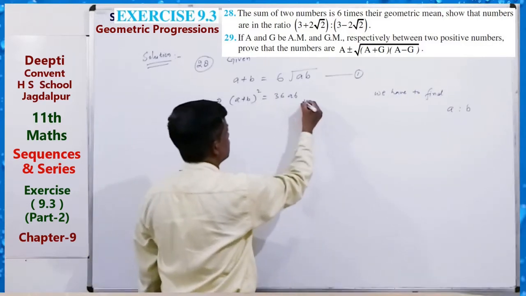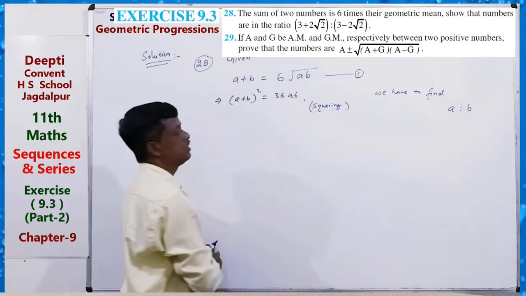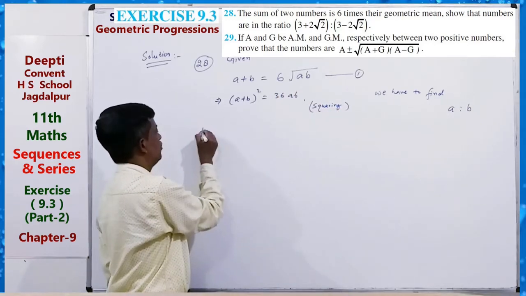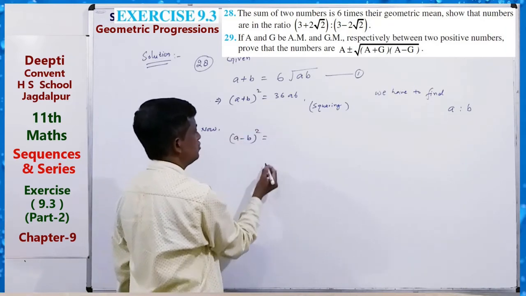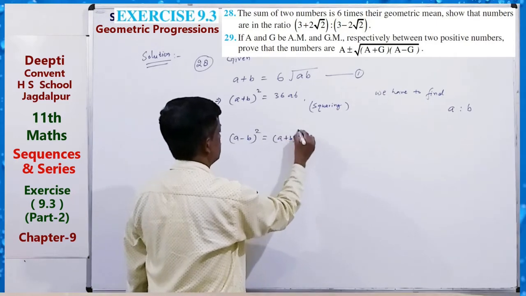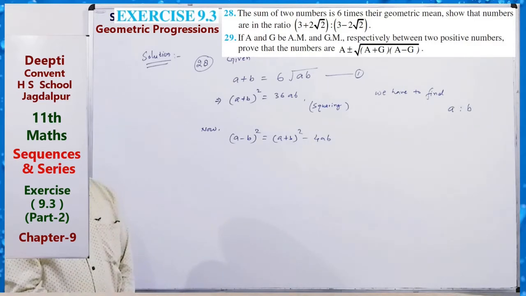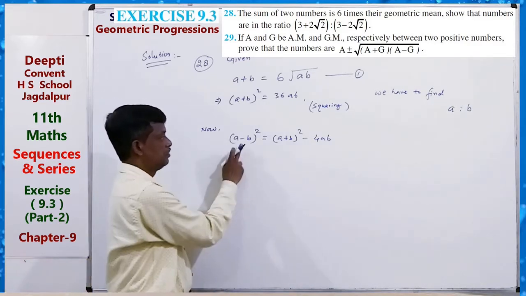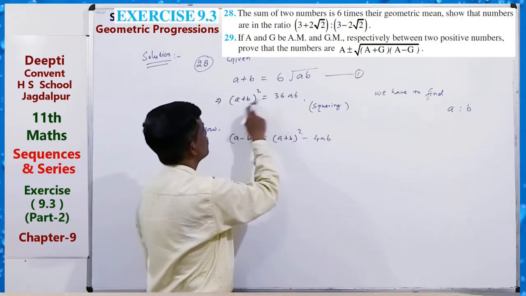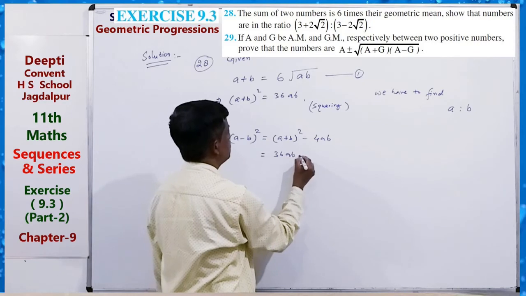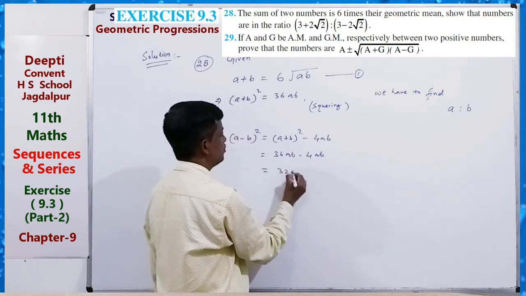Squaring both sides, you can get a plus b whole square equals 36 ab. Now a minus b whole square is equal to a plus b whole square minus 4ab. Clear? So a plus b whole square equals 36 ab minus 4ab, equals 32 ab.